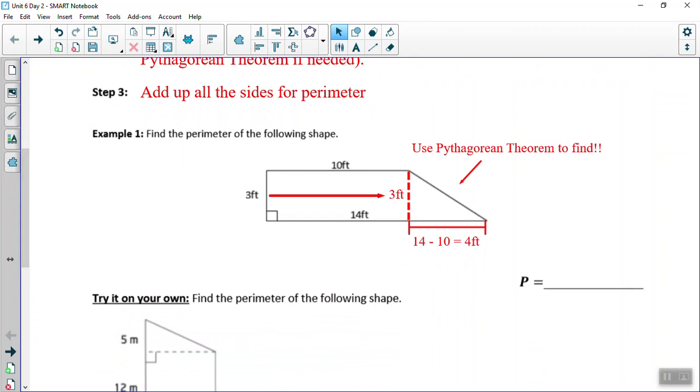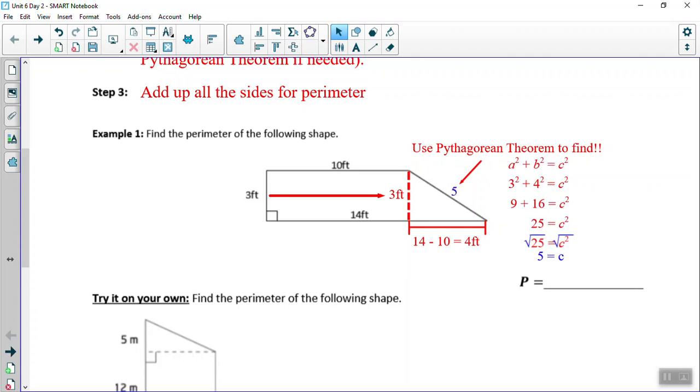Remember, the Pythagorean theorem is a squared plus b squared equals c squared. We have our 3 feet as a leg and our 4 feet as a leg. So I substitute them in, and it's just like what we did last unit. Evaluate, add, and then take the square root. So now I know that this has a length of 5.